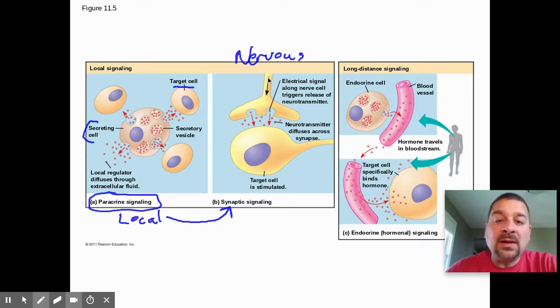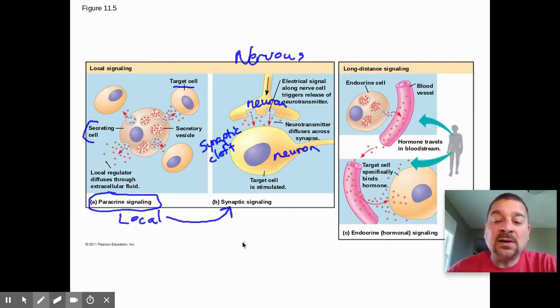Okay, when there's a neuron, the axon of a neuron here, and either another neuron here, or in the case of a motor neuron, this might be your muscle. They don't actually touch. Remember, there's the synaptic cleft between the two that the neurotransmitter goes across.